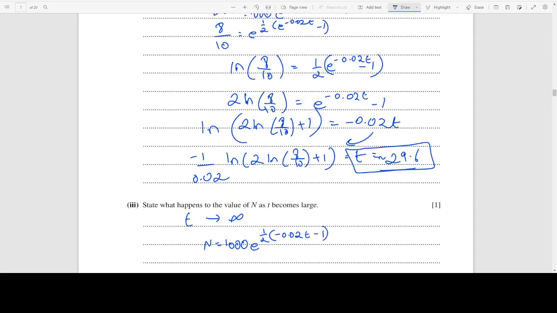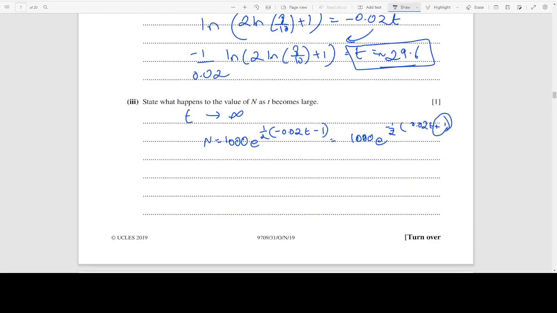So when t approaches infinity, first of all we have this as 1000 e raised to minus half 0.02t plus 1, and we can kind of disregard this plus 1 because at infinity plus 1 is kind of negligible.